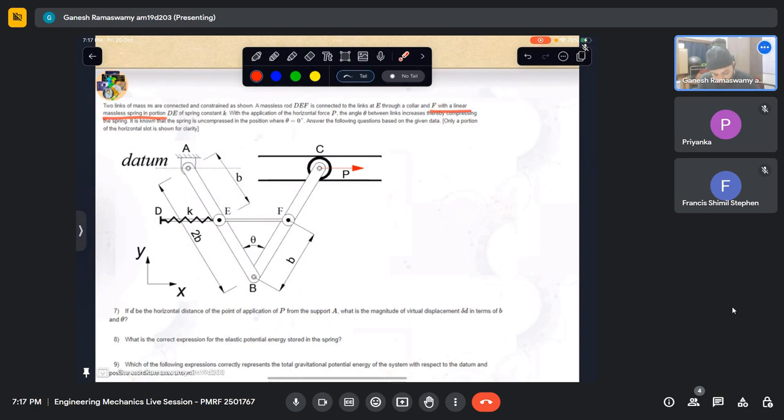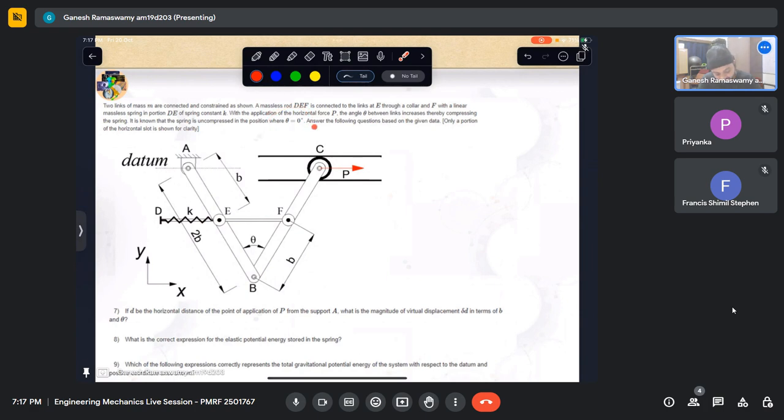This spring DE has spring constant K. With the application of a horizontal force like that, the angle between the links, so these are the two links, this is the angle between them, increases, thereby compressing the spring. It is known that the spring's uncompressed position is when theta equals 0.